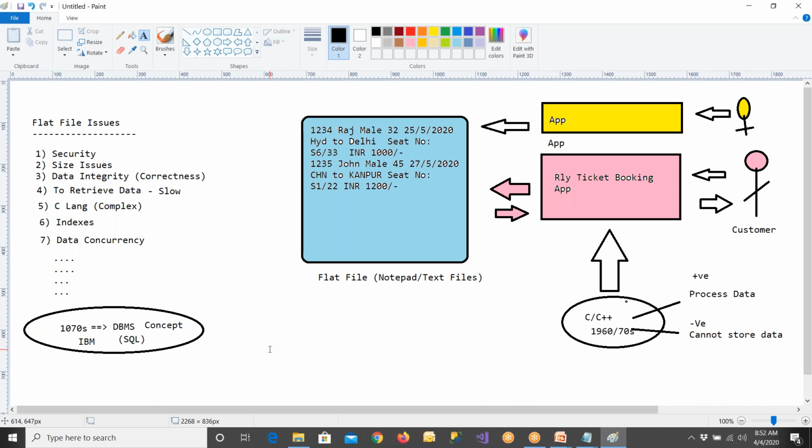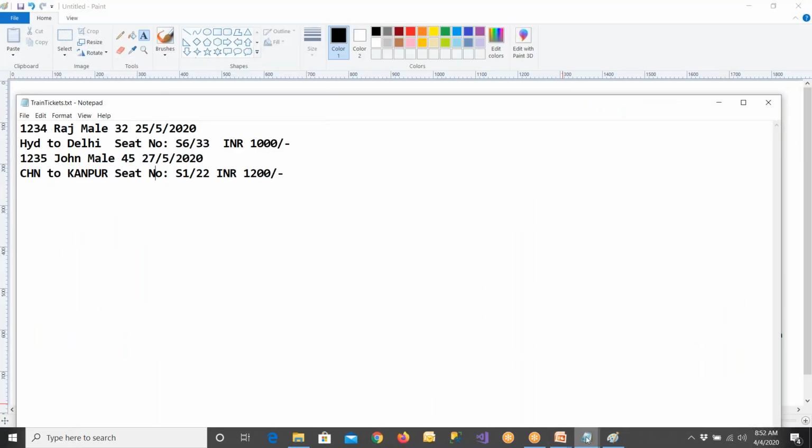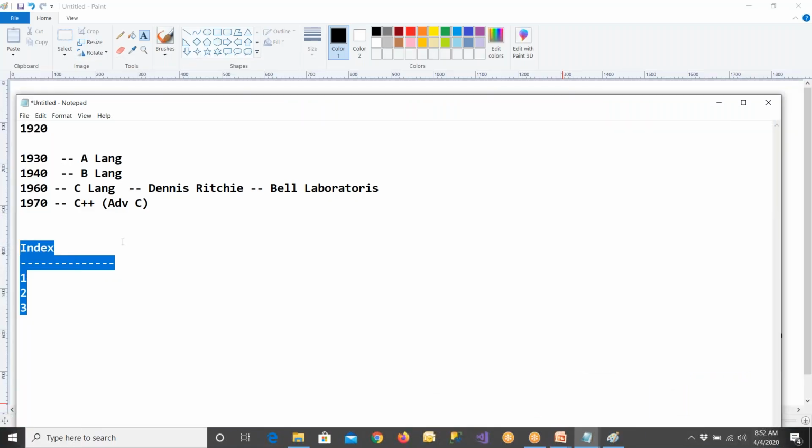And they also recommended one more language, Structured Query Language. Am I clear? So what is SQL? SQL is the Structured Query Language that people have invented. So in the 1970s, IBM folks in the same year invented SQL, Structured Query Language.